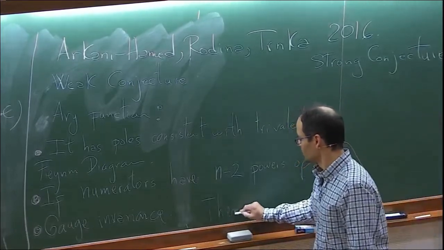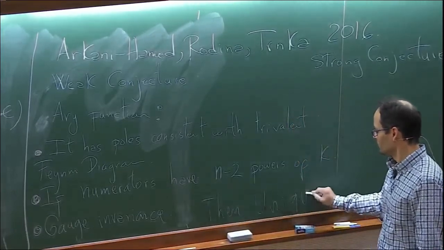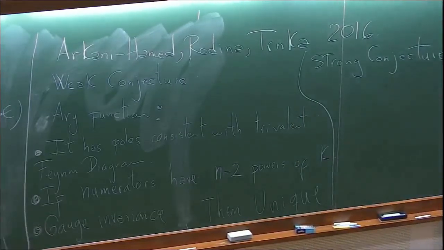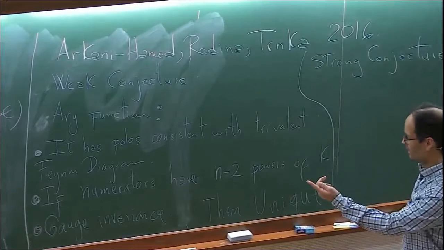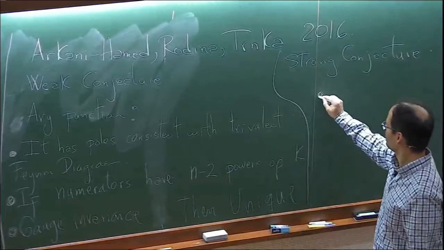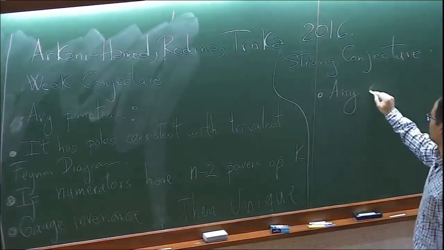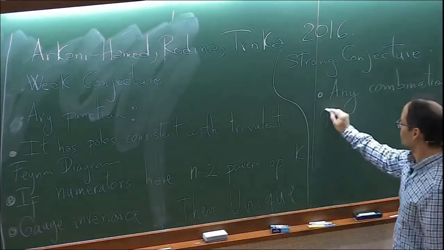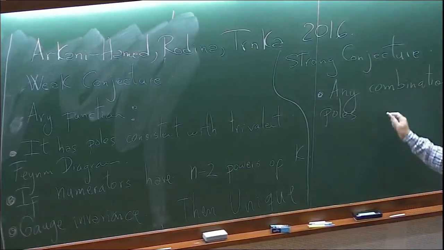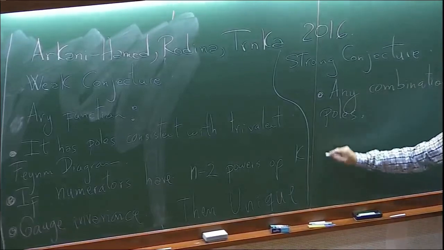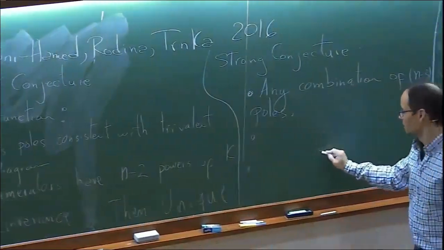Then it's unique. Now you would think, well, what can be stronger than that? Well, the strong conjecture says that any function with the same two conditions here, but now any combination of n minus 3 poles with these two conditions as well, is unique.